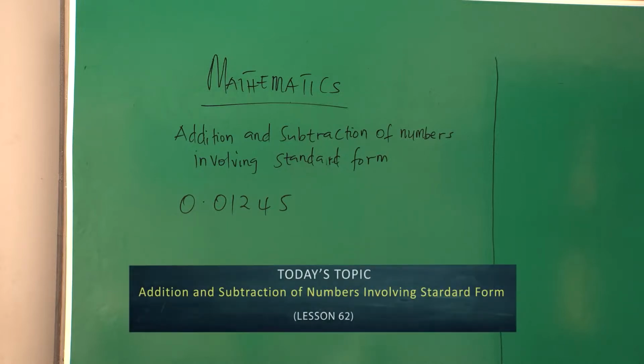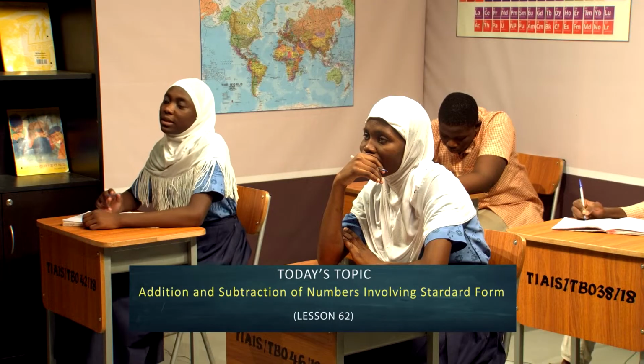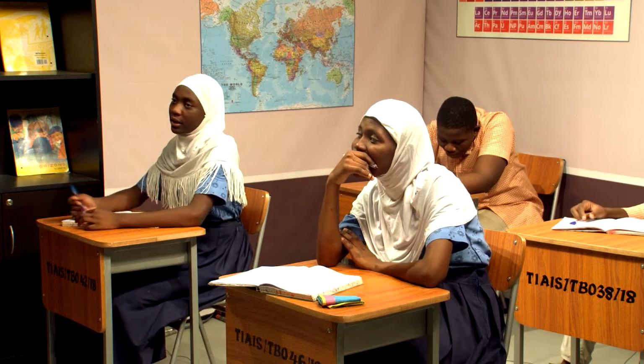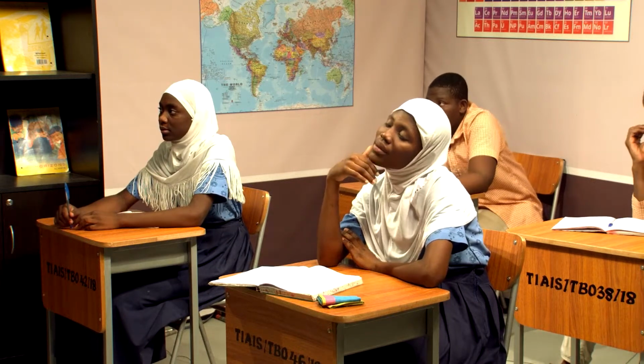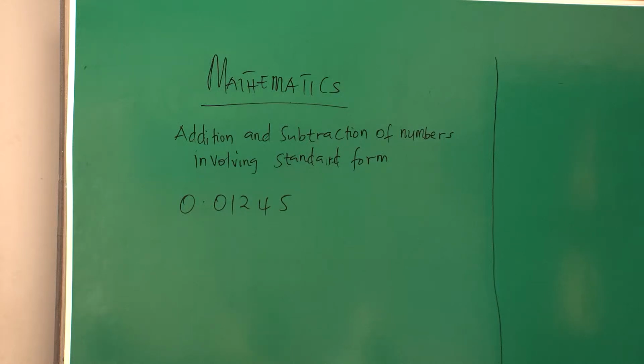You jump the point to the first non-zero digit. Okay, so that gives 1.245 times 10 raised to the power 2.